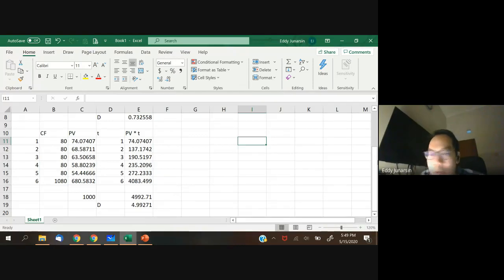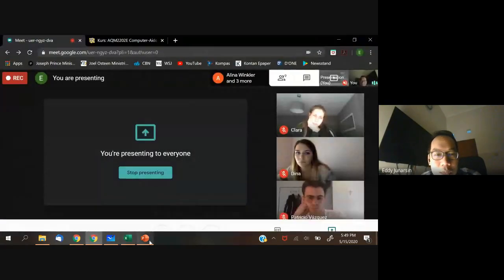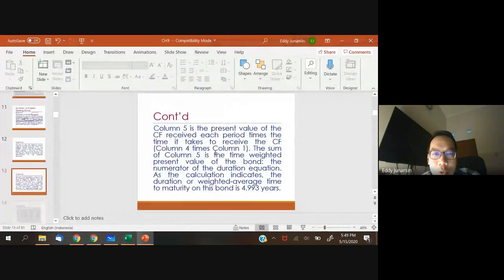You have to know how to calculate by hand, but you will not calculate by hand because we have modern technology like this. Why should we calculate by hand? But we have to know the logic and the mechanisms of the manual calculations. Okay, let's go to the next example.